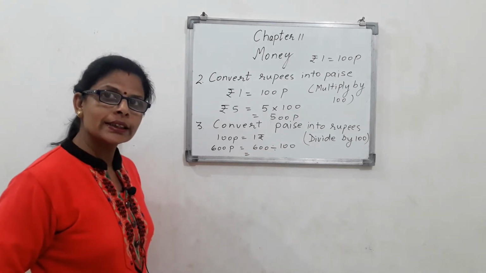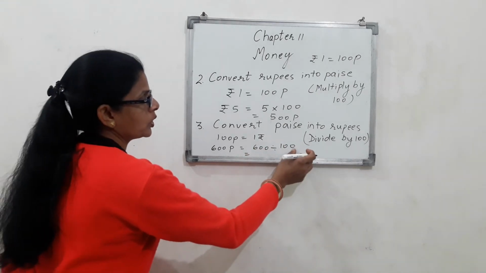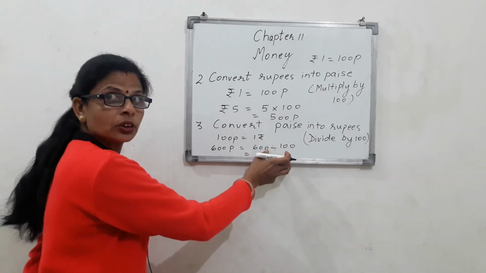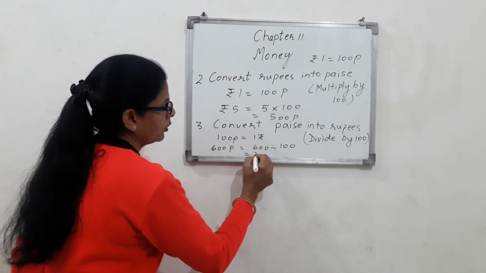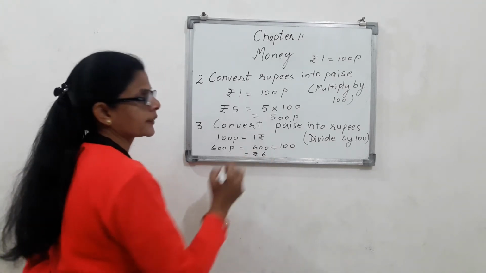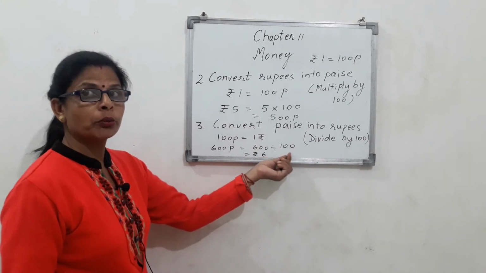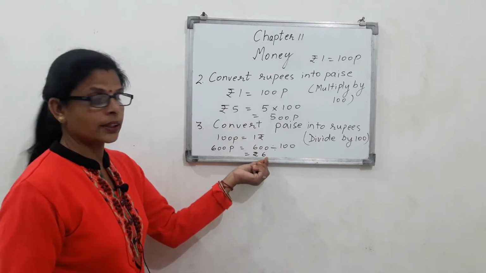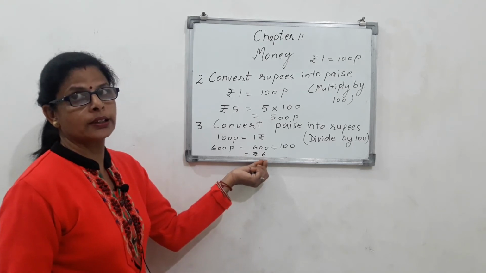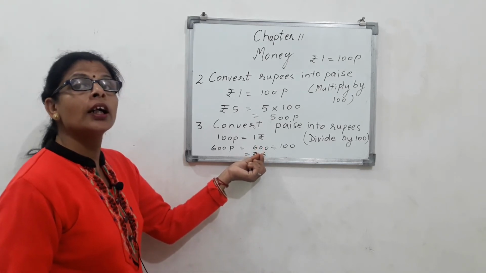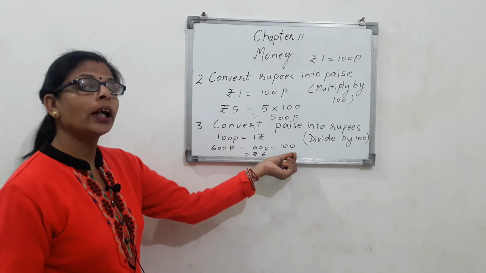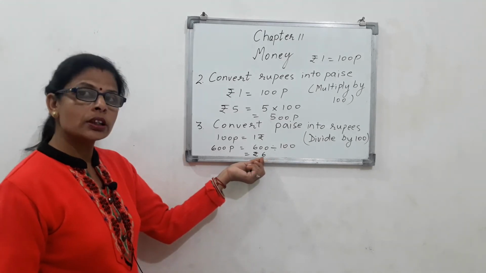If you divide 600 by 100, 2 zeros here, 2 zeros here, so we cancel and it will become rupees 6. So rupees 6 will be the answer. We will divide 600 paisa by 100 and we'll get 6 rupees.